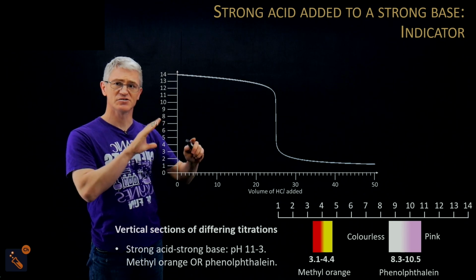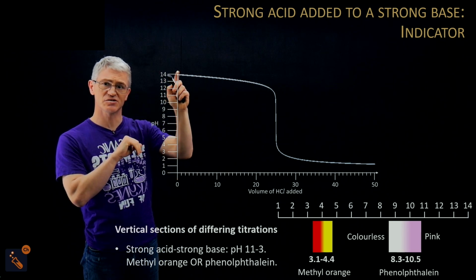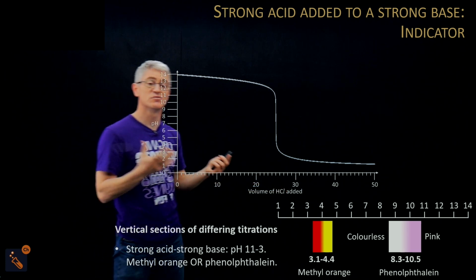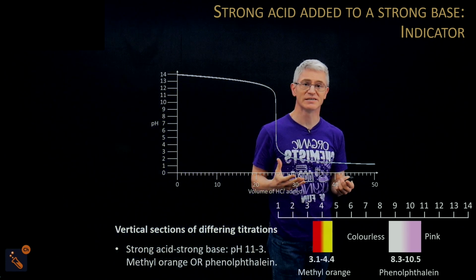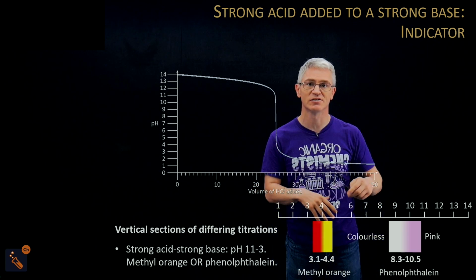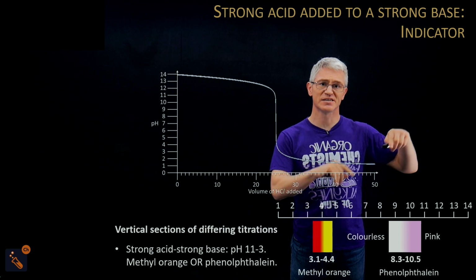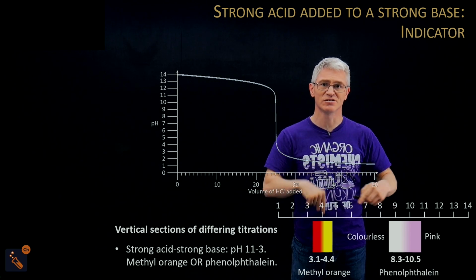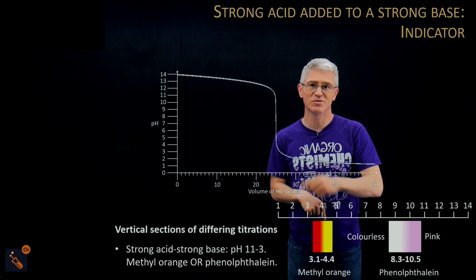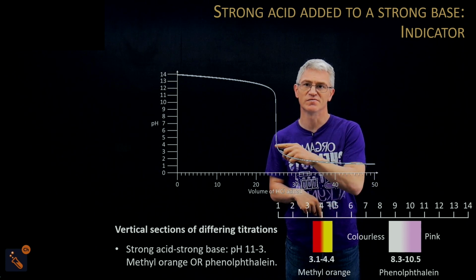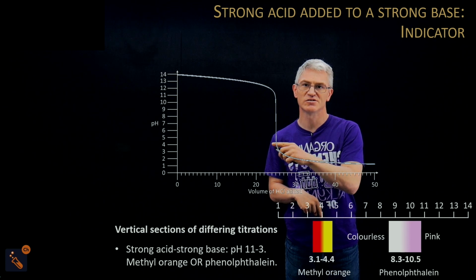Strong acid added to a strong base. So there's a strong base, here's a strong acid. Now all we have to do for deciding an indicator, and we'll show you the exam answer in a second, is look at the vertical section and see which one of these fits in the vertical section. You can see that the methyl orange just about fits into that vertical section, 3.1 to 4.4.